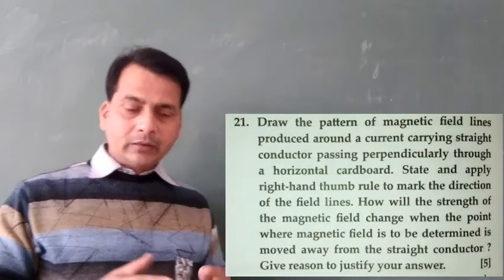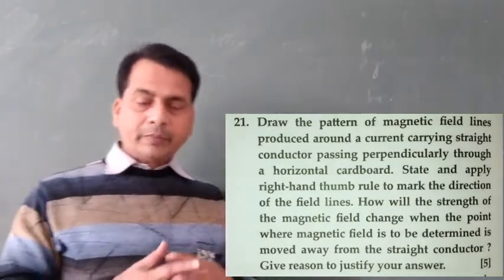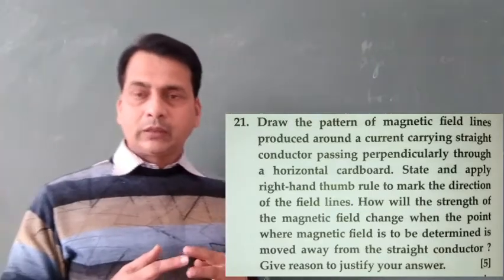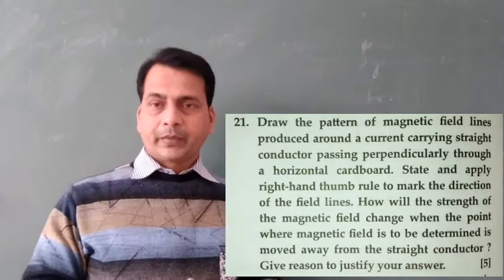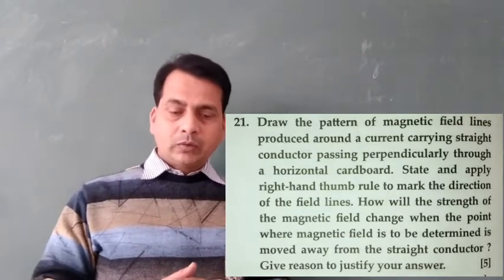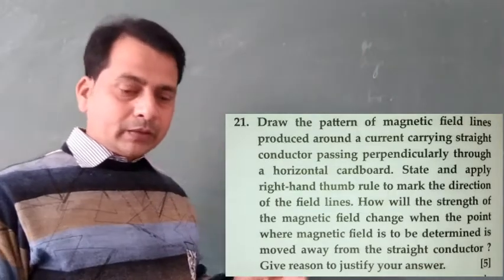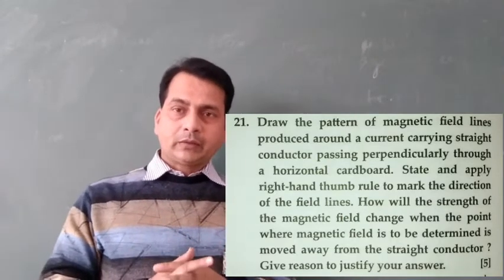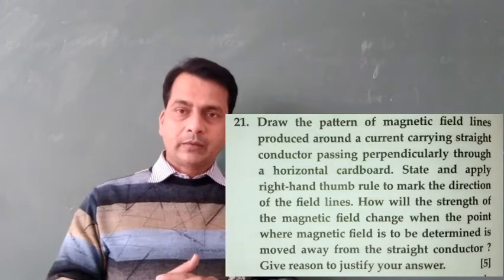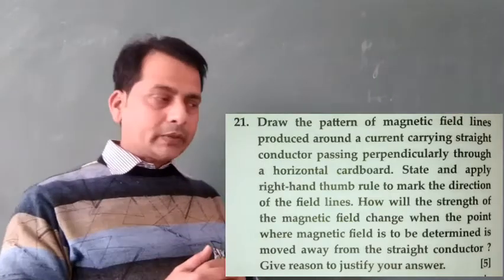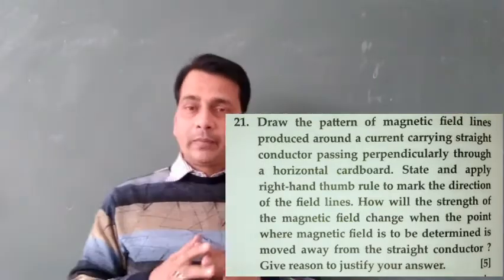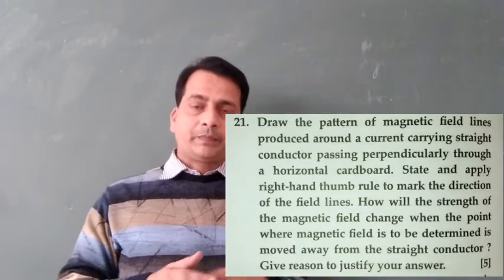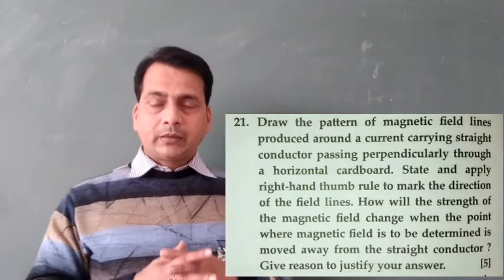So according to this question, we draw the pattern of magnetic field lines produced around a current carrying conductor. Here we use the right hand thumb rule, or Maxwell thumb rule. According to the Maxwell thumb rule, the direction of the magnetic field lines depends on the direction of the current.